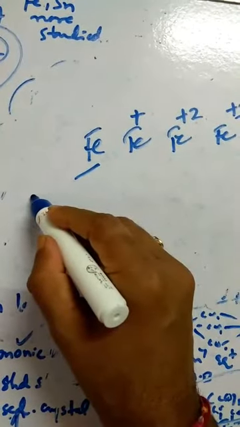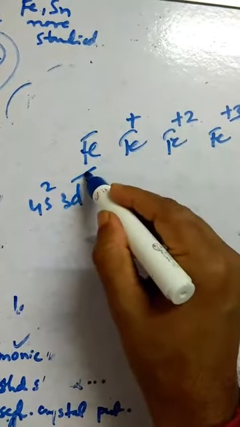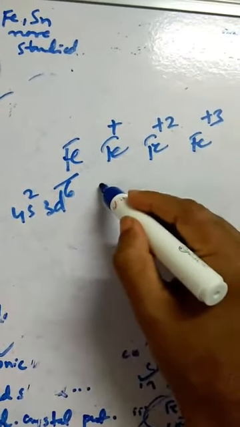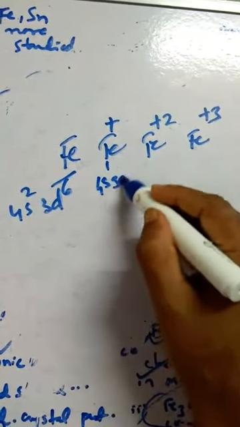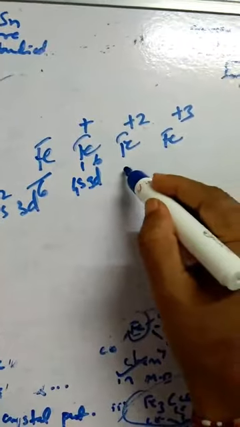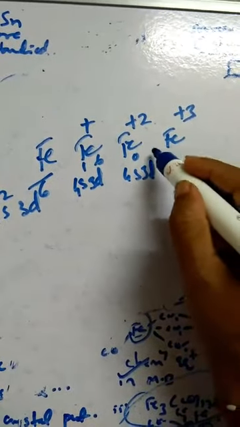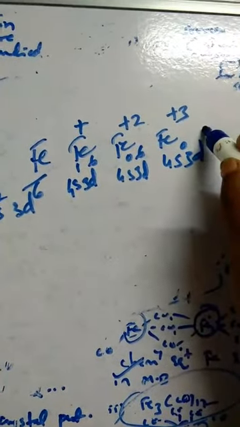It is 4s2 3d6. Then what will come here? One electron is removed, that is 4s1 3d6. Fe+2 is 4s0 3d6, and Fe+3 is 4s0 3d5.